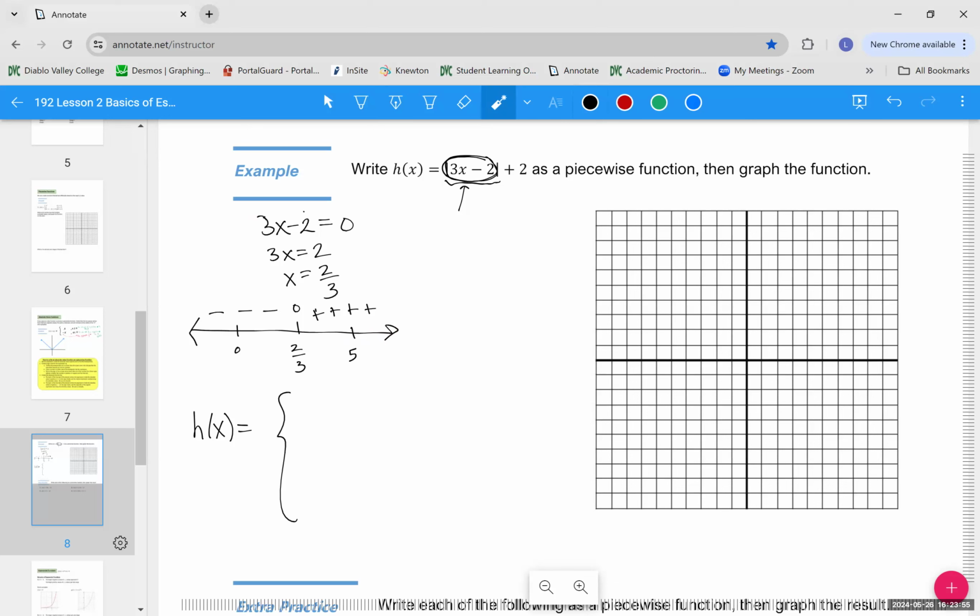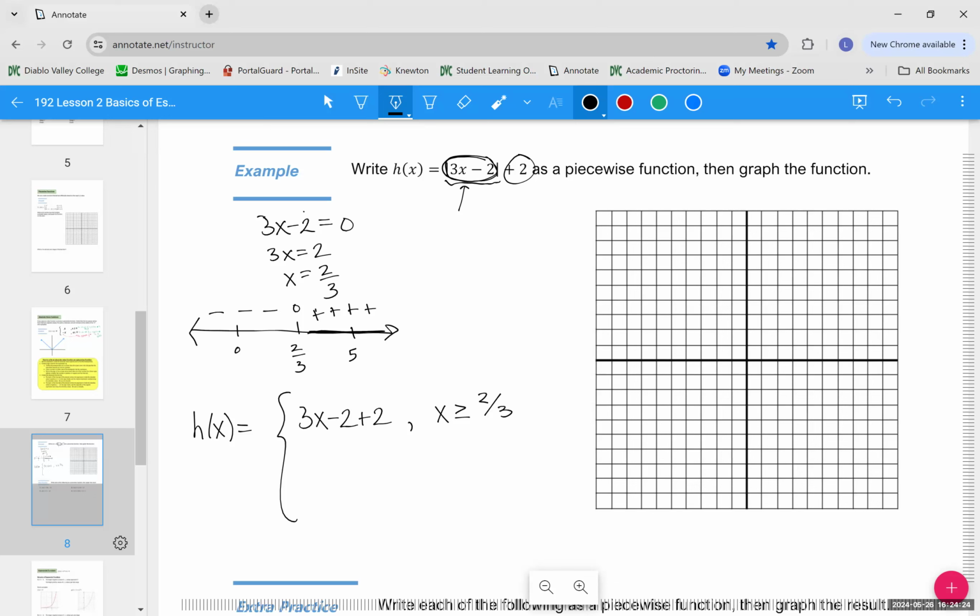So I will have just a plain old 3x minus 2, and then I'm going to tack on the extra part that was outside of the absolute value. And this is for x is greater than or equal to 2/3, this region here, because that was where the things inside the absolute value are positive. So the absolute value is equal to just itself, which is obviously, I can cancel those 2's.